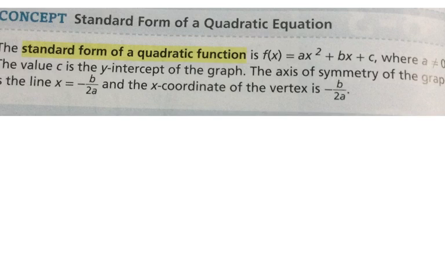The axis of symmetry of the graph occurs at the line x equals, and here's the formula you're going to have to use for the axis of symmetry. So you want to write this down. When I'm in standard form, we can find the axis of symmetry by using the formula. X equals negative, so there's a built-in negative, b over 2a.